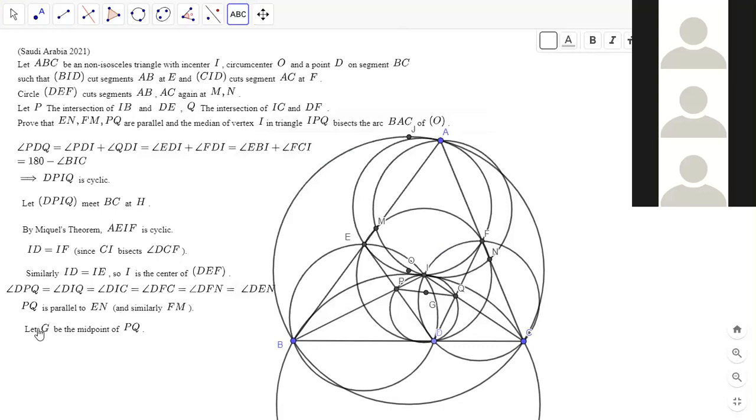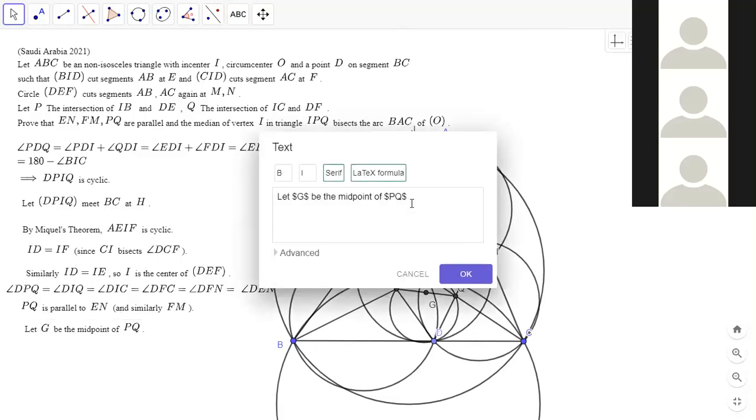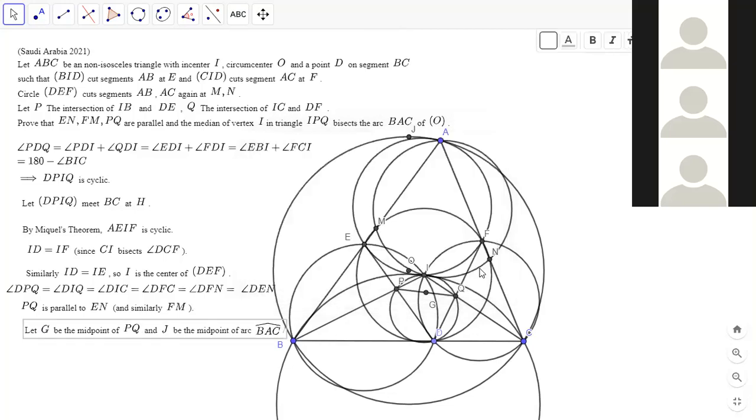I'll say J be the midpoint of arc BAC. So first we have BPQC is cyclic.